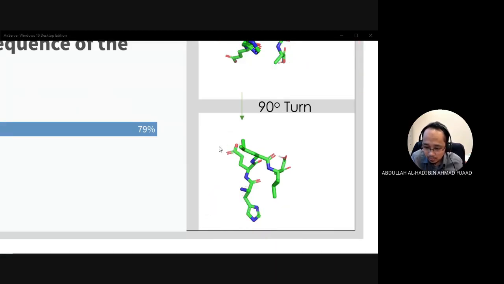Okay, and you move to the last picture. Again, you can clearly see this is the histidine, which is the first one.